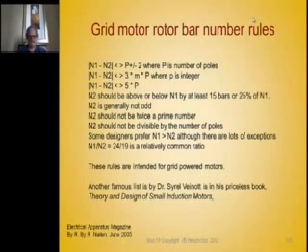His friend Phil Trickey had his set of rules as well. Some of these rules are such that if you follow one rule, you violate another. But that's all related to grid motors, and you don't have to worry about it so much with inverter-driven motors. My guideline is to use 5 to 7 bars per pole for grid motors.